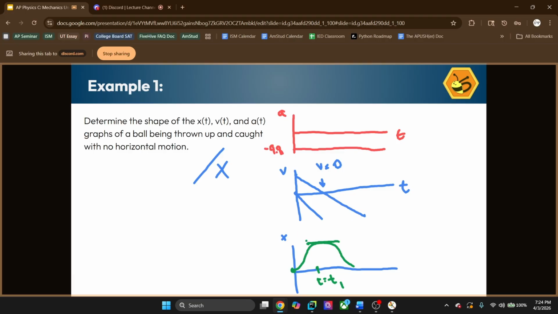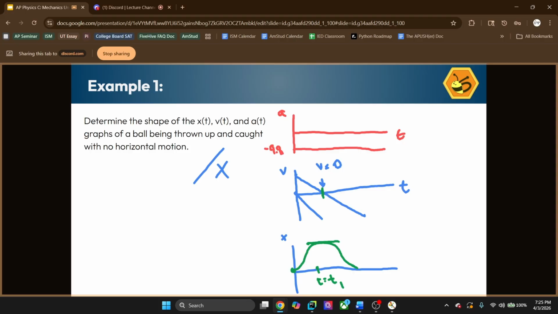And this line I just drew will be like a huge blaring light, because here it's showing you that it's a tangent line. The slope is 0, therefore the velocity is 0 at t equals t1, and that is why here the velocity graph is 0. And then it comes back down to x equals 0, which means it's back in the hand.